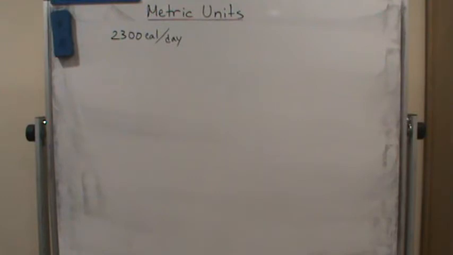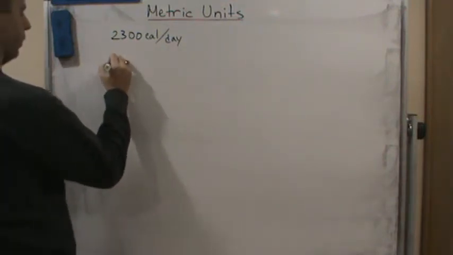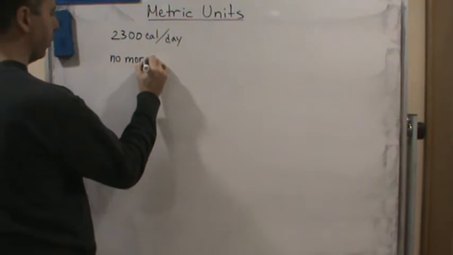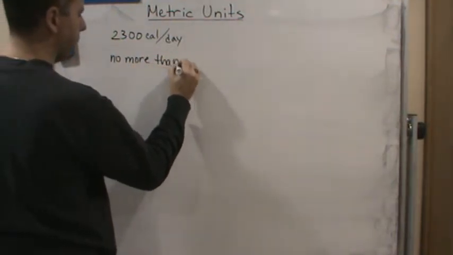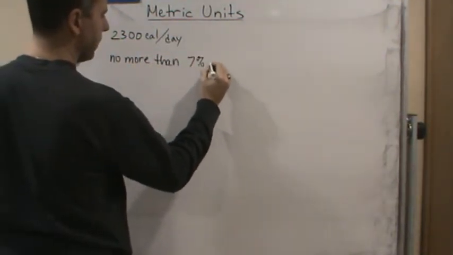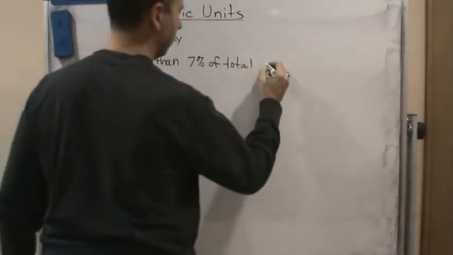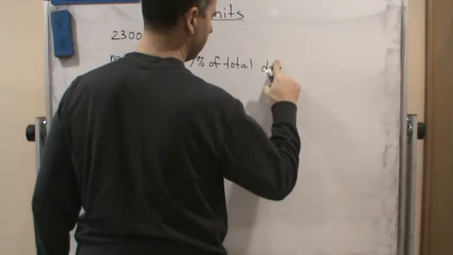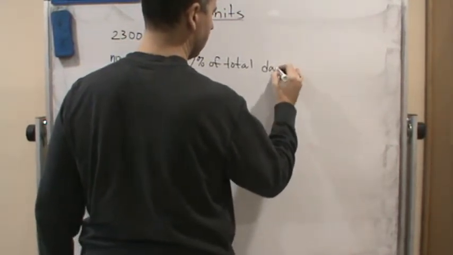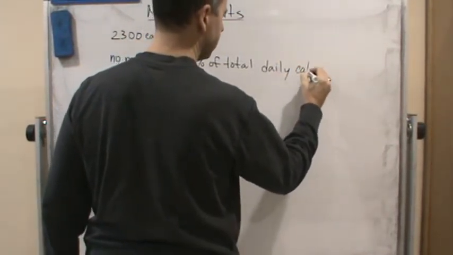A nutritionist advises her to limit her intake of saturated fat to no more than 7% of her total calories. Okay, so no more than 7% of total daily calories.